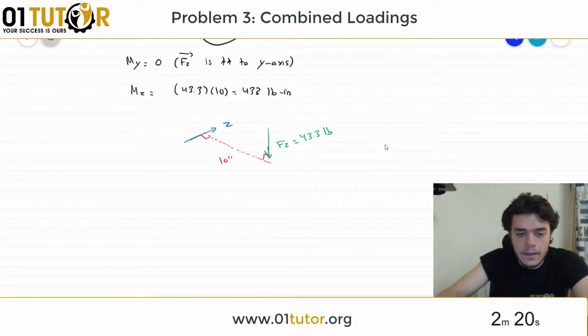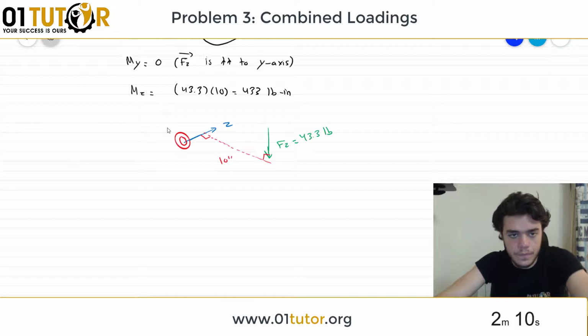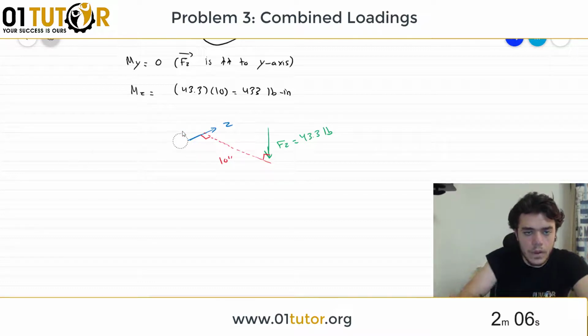Again, we know that the cross section looks something like this in here, right? It's a hollow cross section.